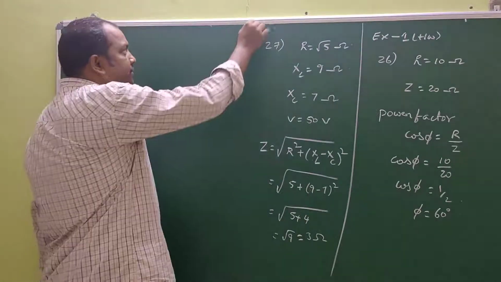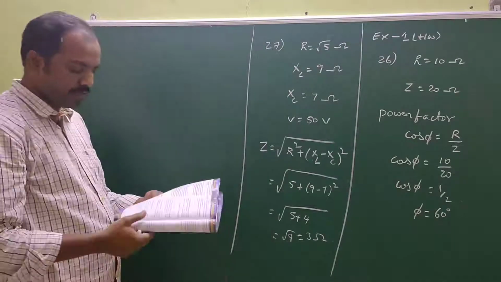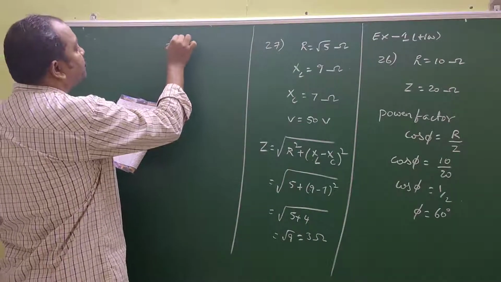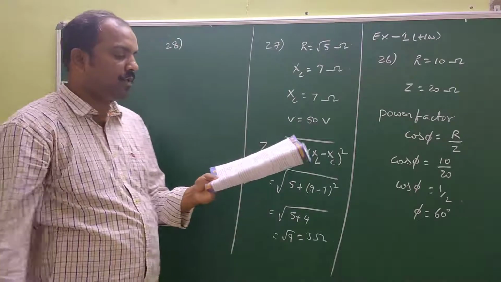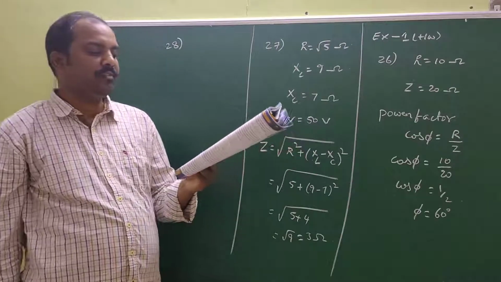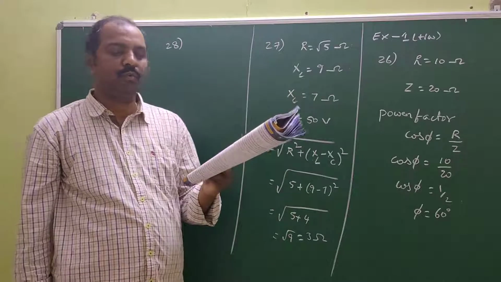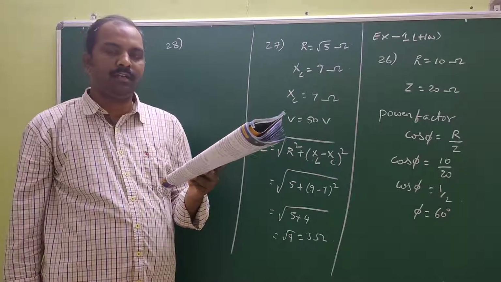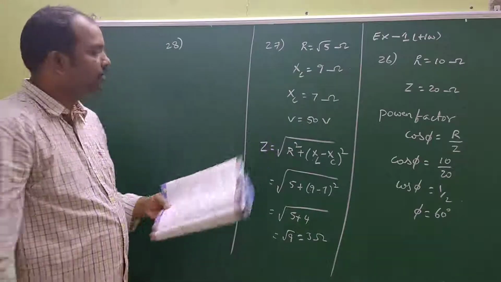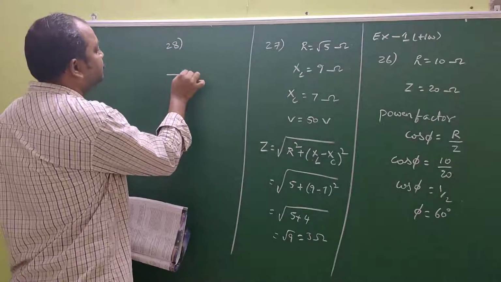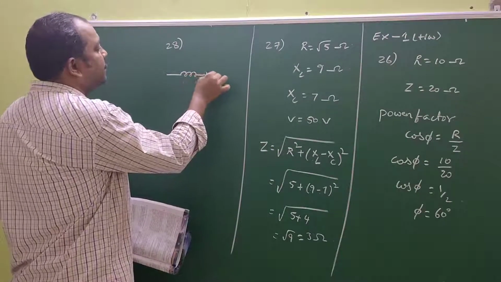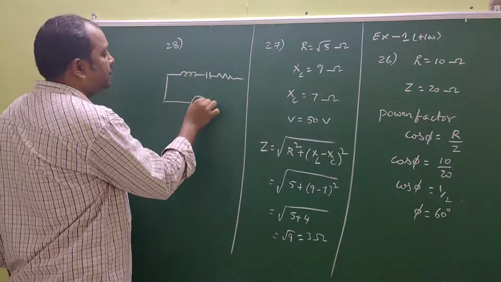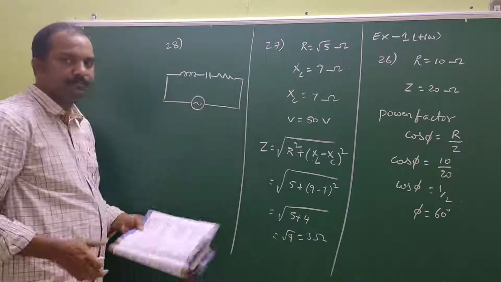The next question, 28. In the following circuit, find the values of current flowing in the circuit at frequency 0 and at infinite frequency. The circuit is given like this: inductor, capacitor and resistor are connected in series to the source.